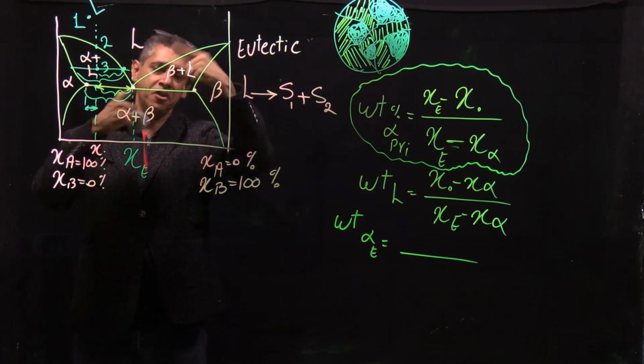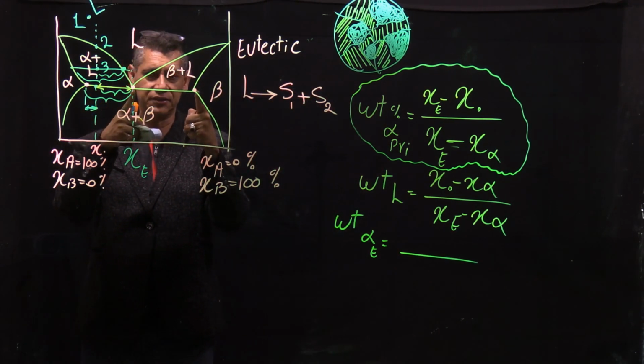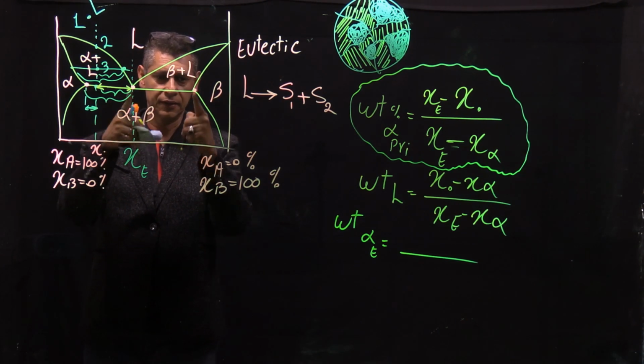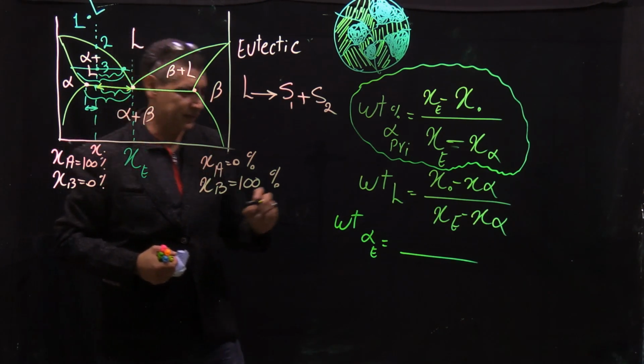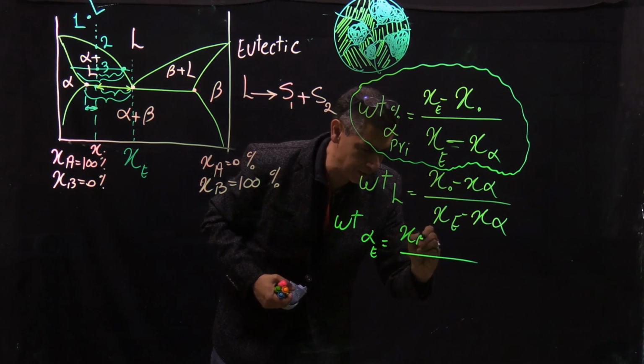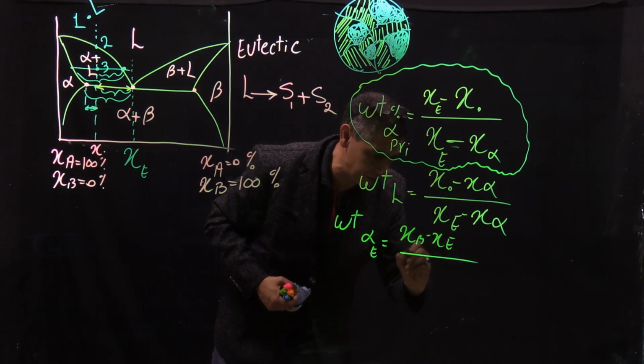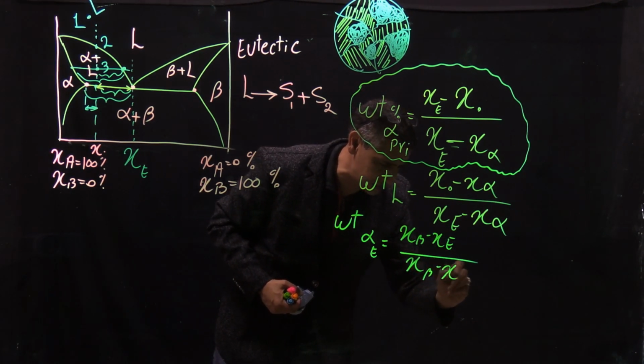Again, inverse: I want alpha, I go to beta. This divided by the whole thing. And that is equal to x beta minus xe divided by x beta minus x alpha.